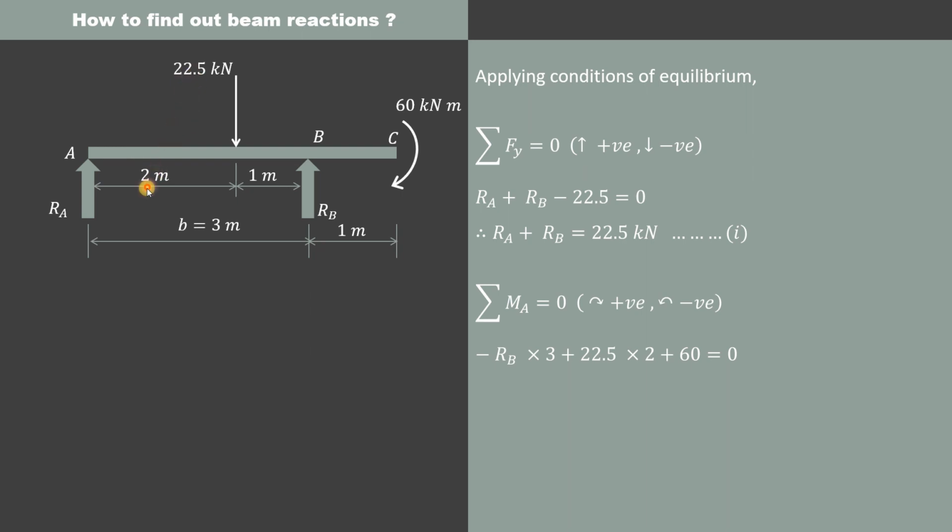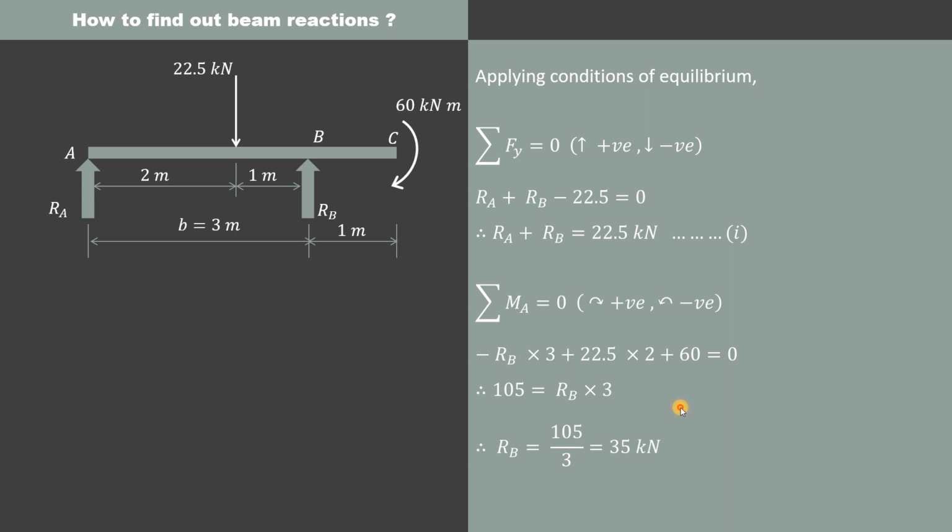So this is 22.5 into perpendicular distance 2, from the point of application of the load up to point A, and as it is clockwise, it is positive. And there is already an external moment of 60 kilonewton meter acting at point C. So 22.5 into 2, that is 45, plus 60, that is 105. Transferring the minus RB into 3 term to the right hand side, it will become positive. So 105 is equal to RB into 3, or RB will be equal to 105 divided by 3, that is 35 kilonewton.